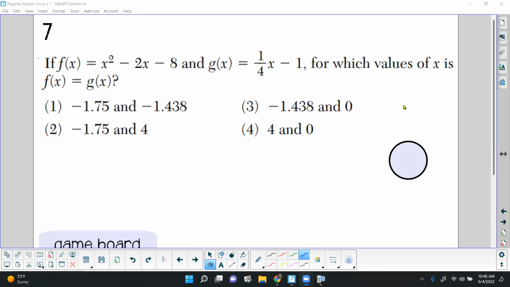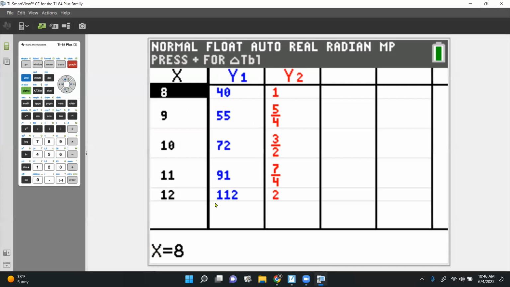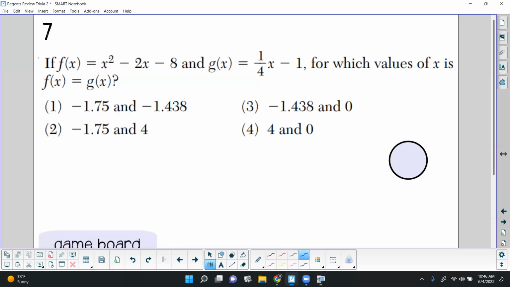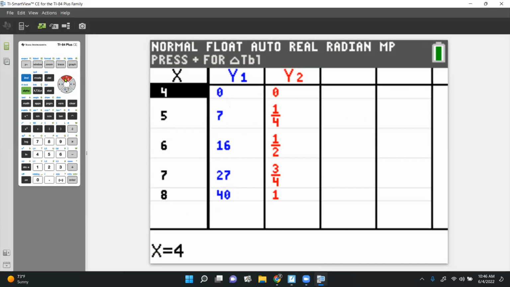Fantastic. If you're stuck, I would have typed these two into my graphing calculator like this, and I would have looked at my table to kind of see here. So if I go back to the question, I can't see with these decimals though. But I can definitely rule out if X is equal to 4. So I'm going to take a look here.